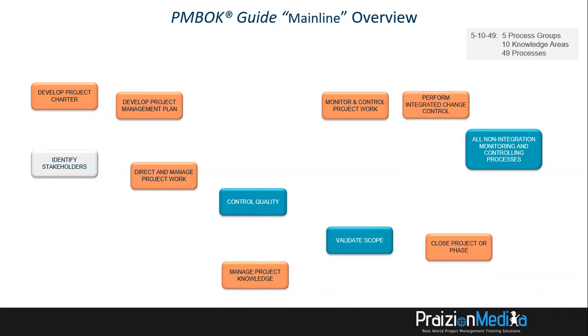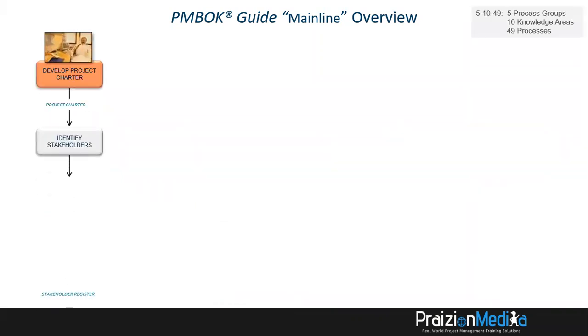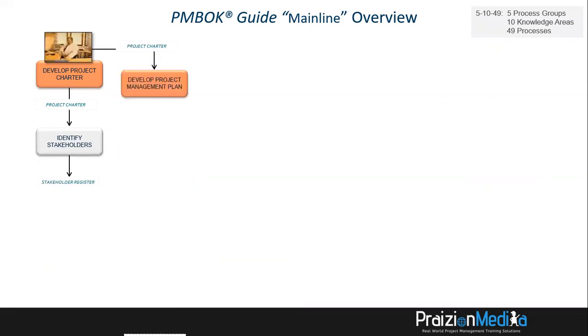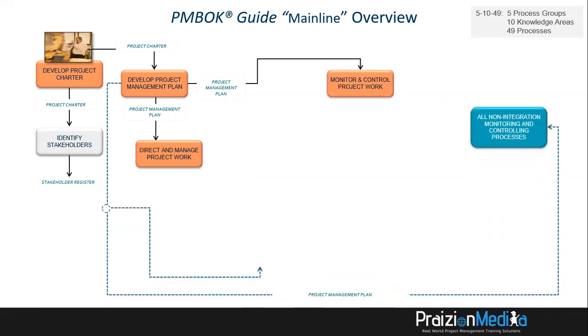I call this the PMP Guide Mainline. If you have not watched my more extensive video on it, please do, because you'll see how all these processes on the screen are interwoven. And this is roughly 20% of the processes in the PMP Guide.